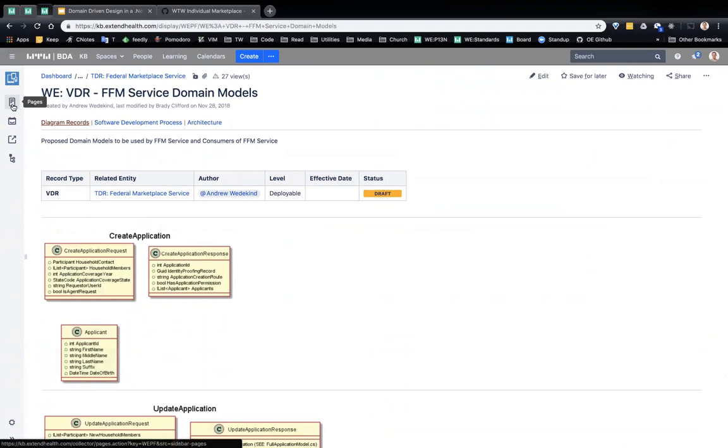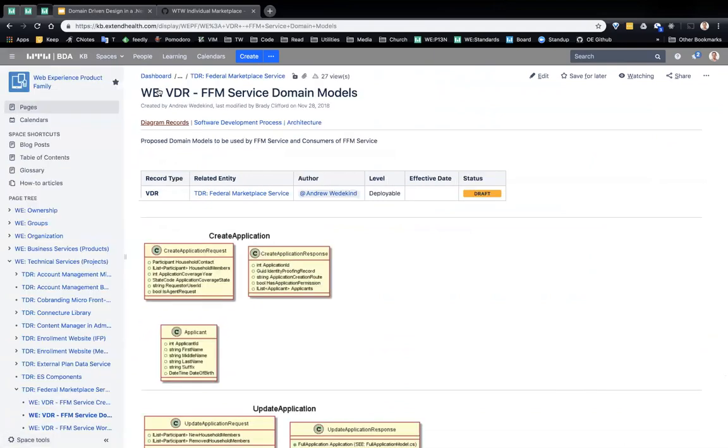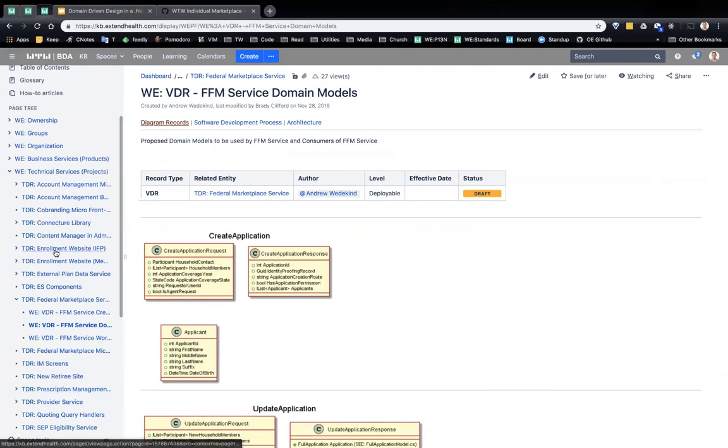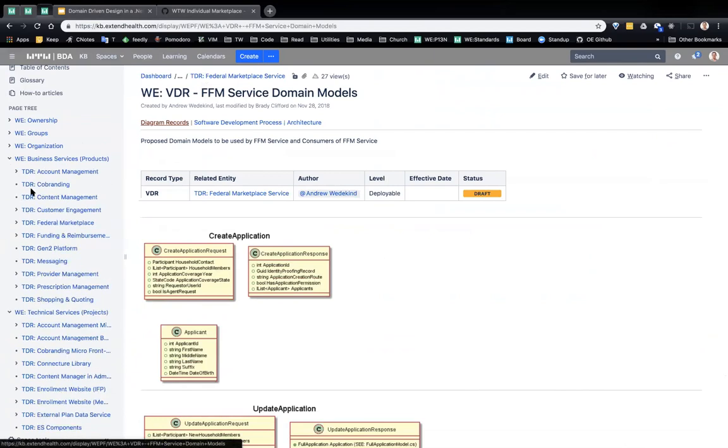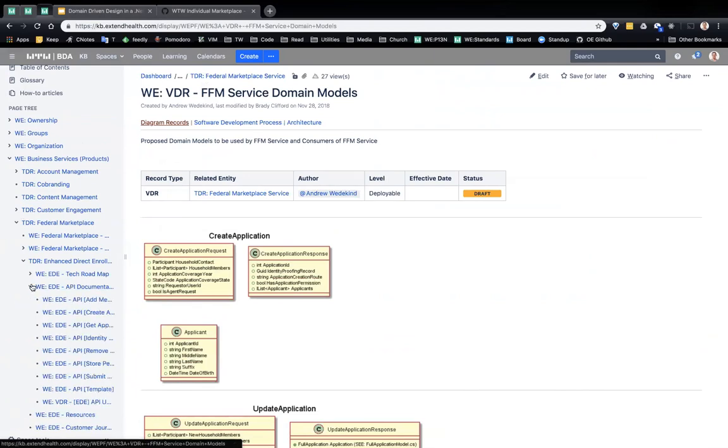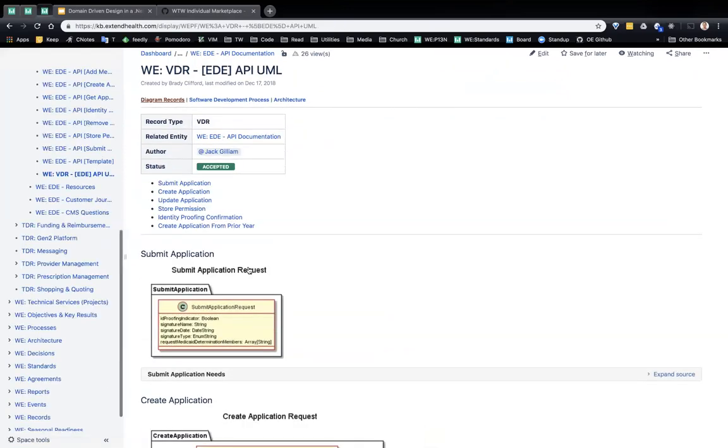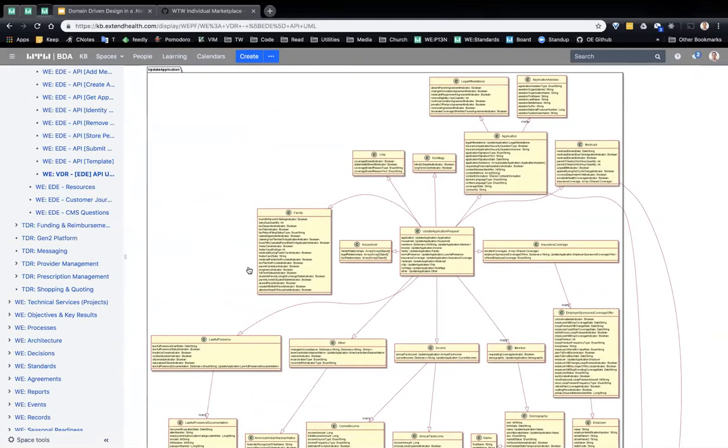That's not a good example. Where'd my example go? Oh, I know where it's at. Right. This is the EDE API representation of their model, representing the model of what response we're supposed to get back right here. That one's pretty hefty.